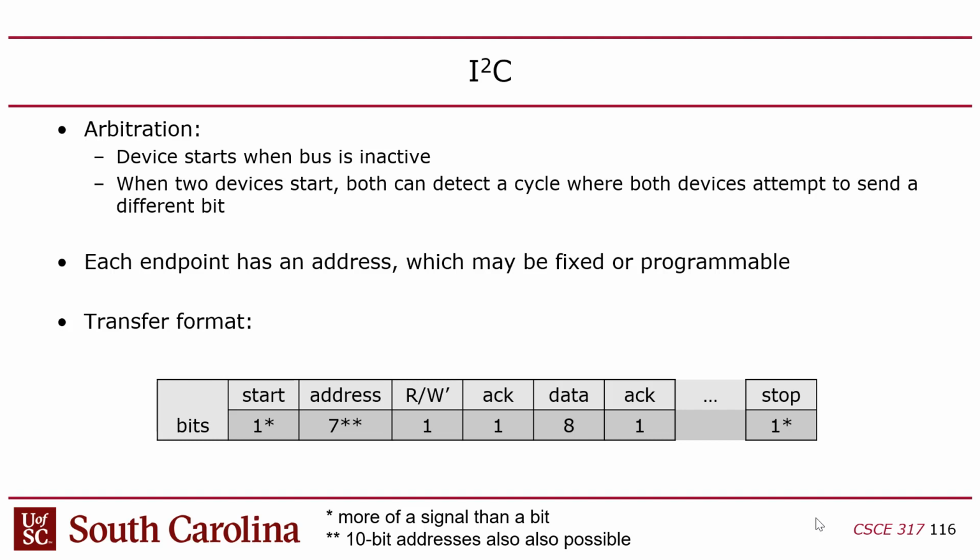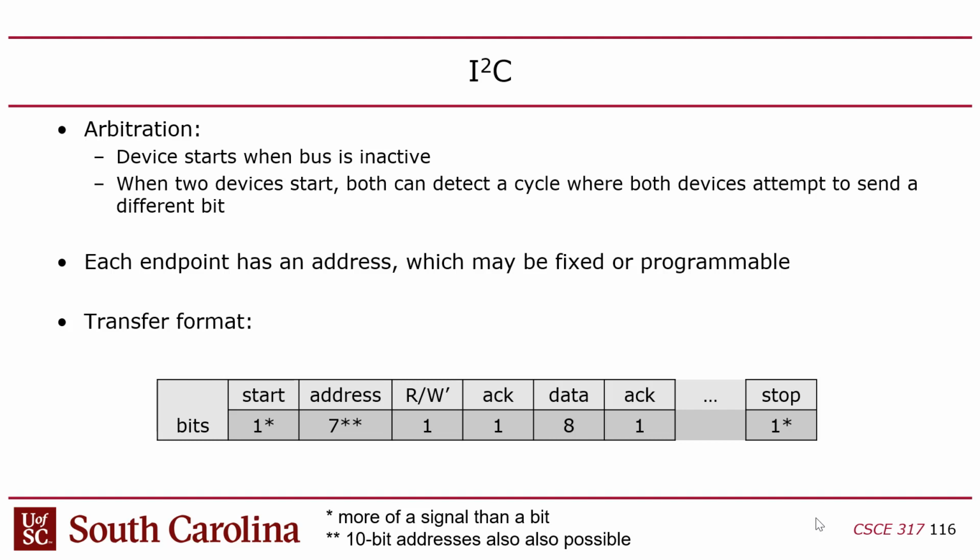If it's a read operation, where the target is supposed to be providing data, the target will hold on to the ownership of the data line and send 8 bits back, at which point the master will seize control and do its acknowledgement.